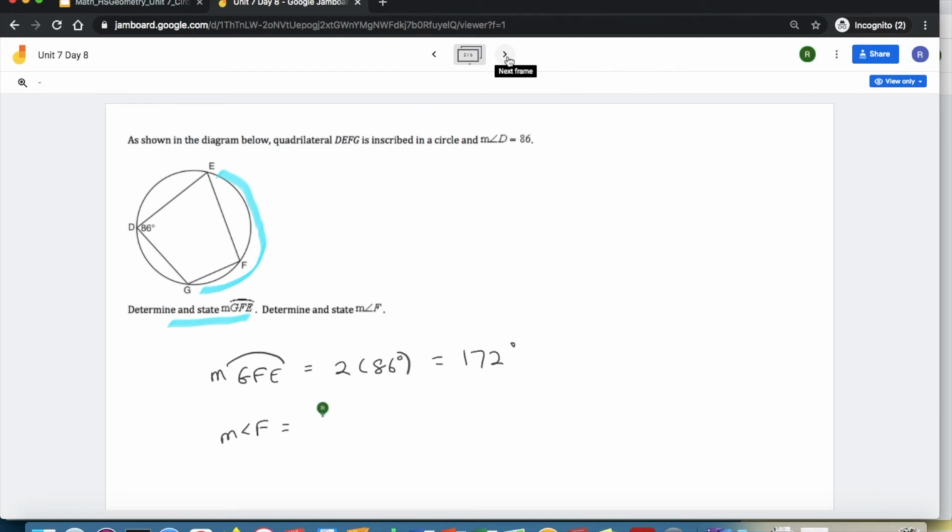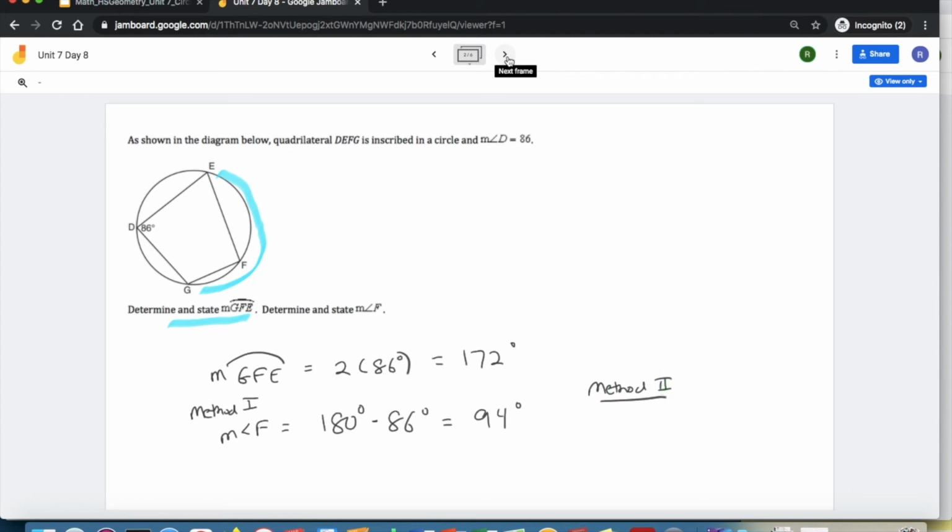So this is going to be 180 degrees minus 86 degrees, and that's going to be the measure of angle F. If we do 180 minus 86, we get our answer, 94 degrees. I'm going to call that method 1. So let's say we want to do a different method, or method 2.